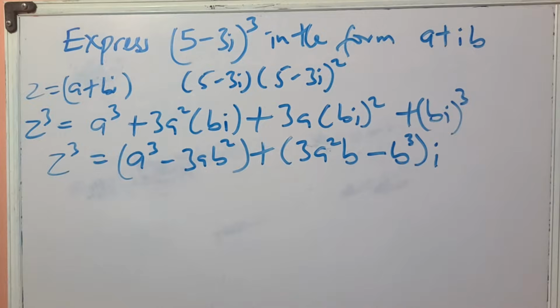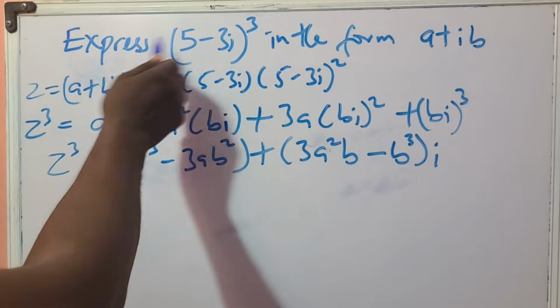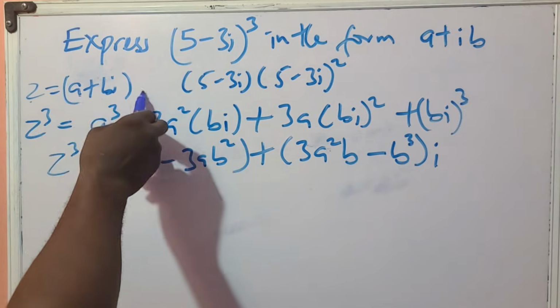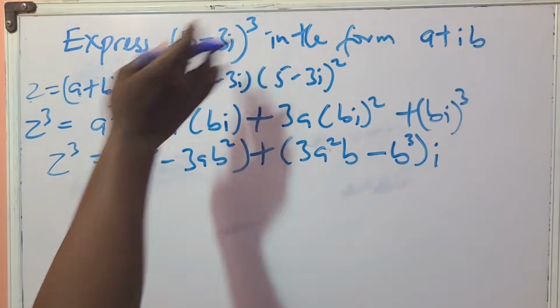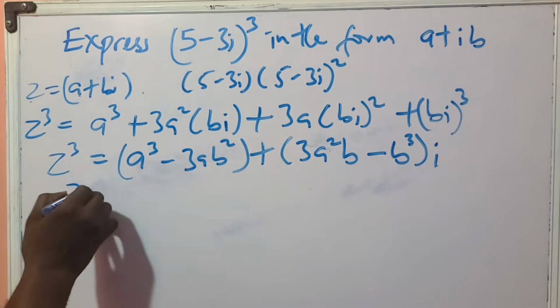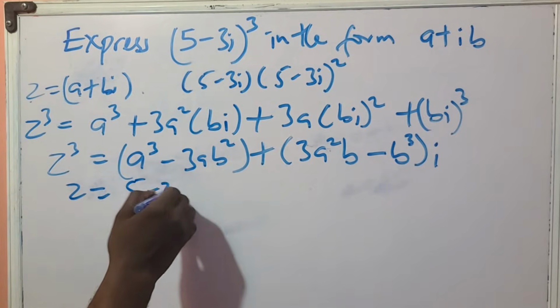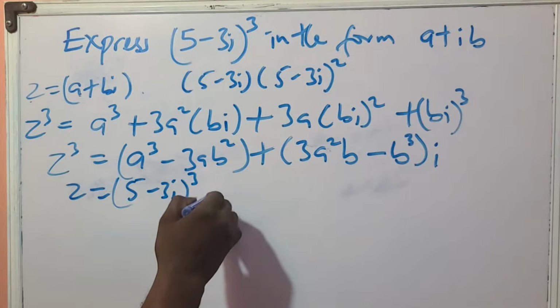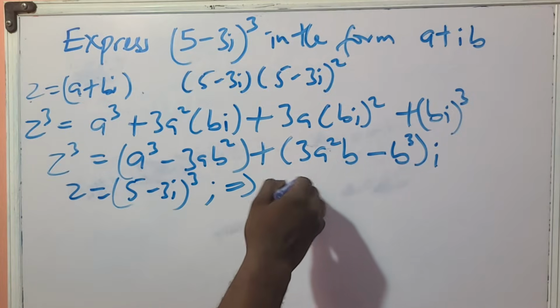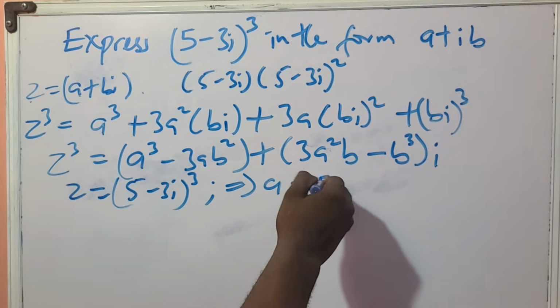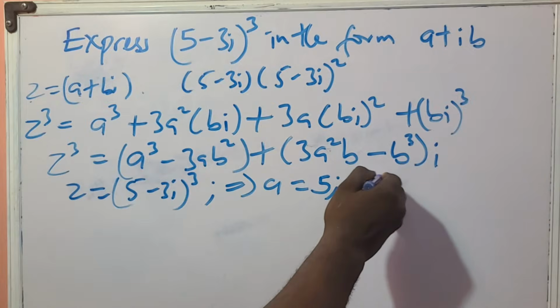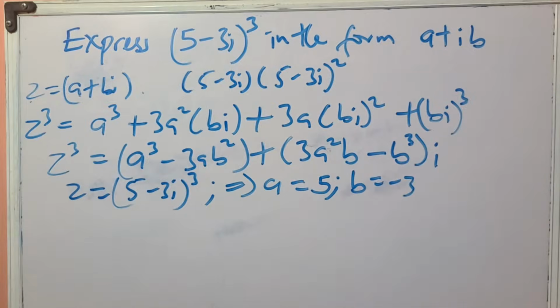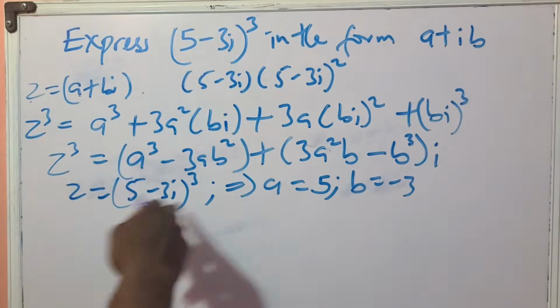Look at z equals a + bi. In this particular case, z equals (5 - 3i) cubed, which implies that our a is equal to 5 and our b is equal to minus 3.